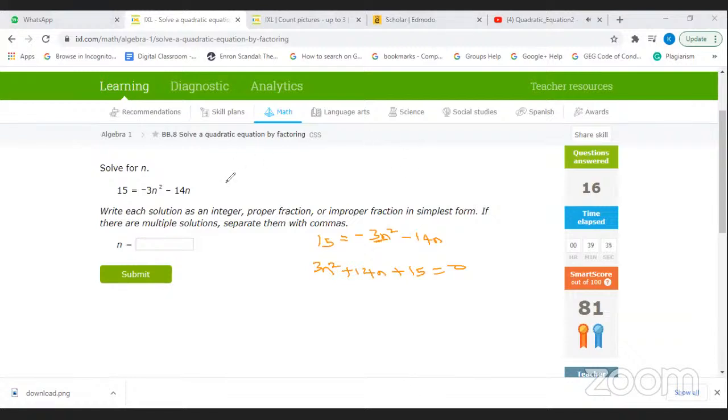So you can do this. Assignment 2. I also have a question here. Solve 8x squared minus 49x plus 75 equals 0. Question 3.